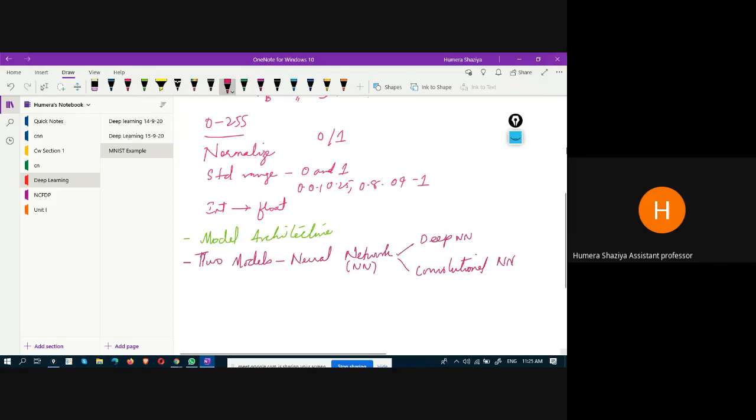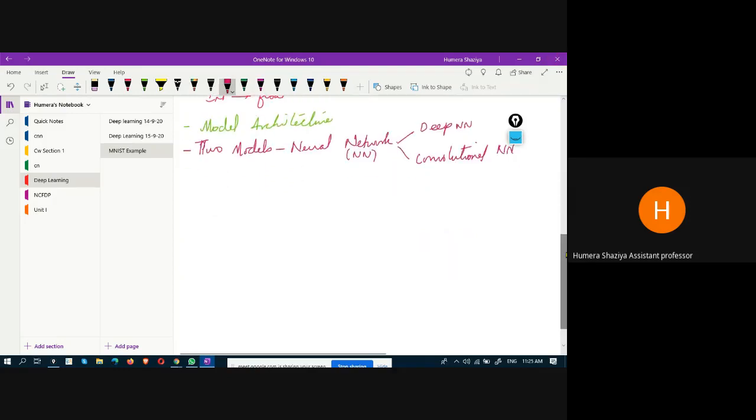What is deep neural network? It has nodes that are connected to every node in a subsequent layer. If this is a deep neural network, node 1 in layer 1, which is the input layer, and this is the output layer. Because we have 10 classes, we will have 10 outputs here.